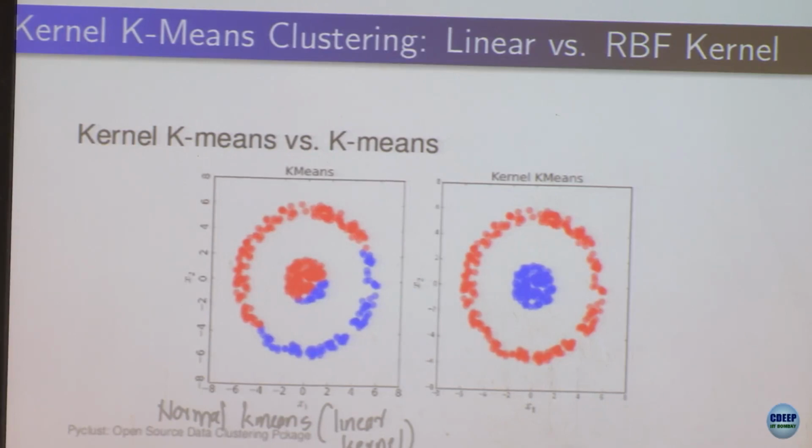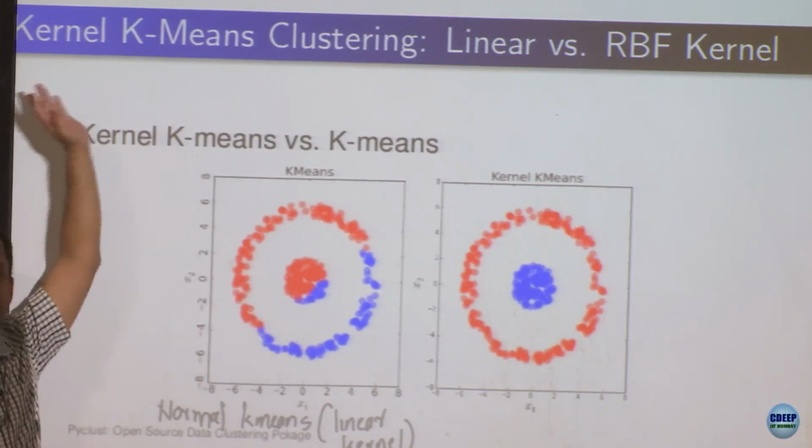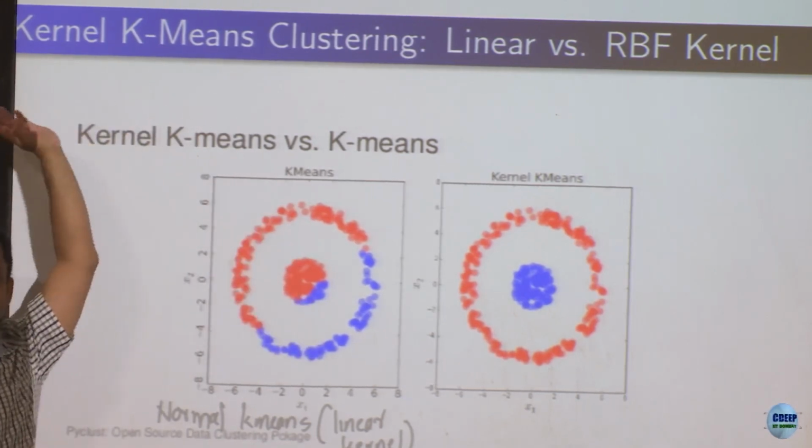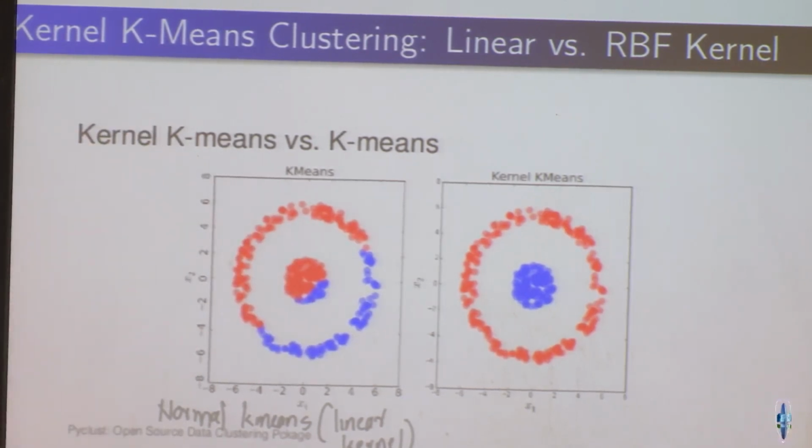Just imagine you had Jupiter in the center and its 60 odd satellites in the periphery, in that circle. So I want to cluster, and k-means is very stupid. It says half of Jupiter and half of its satellites is one cluster, the other half is another cluster, and all of you are laughing at it, right? Doesn't make sense. But if you use the RBF kernel, you will get something like on the right hand side.